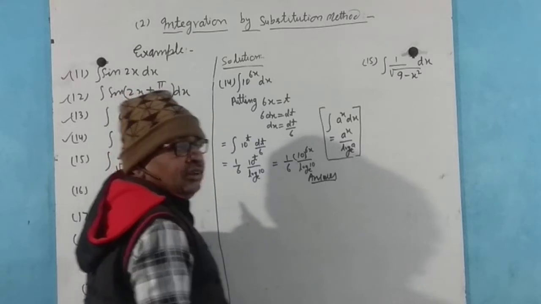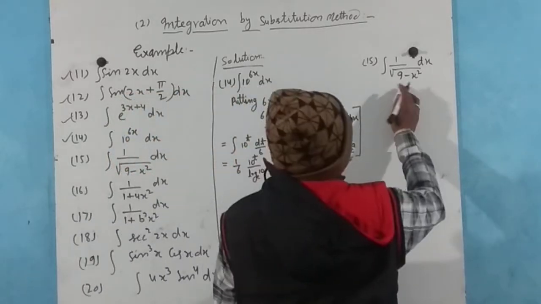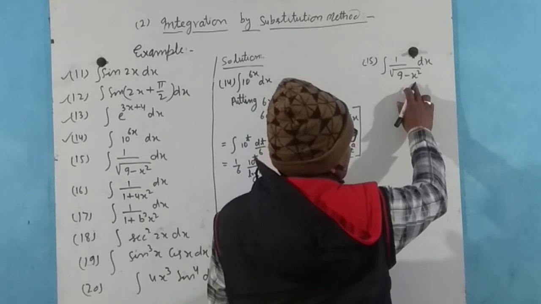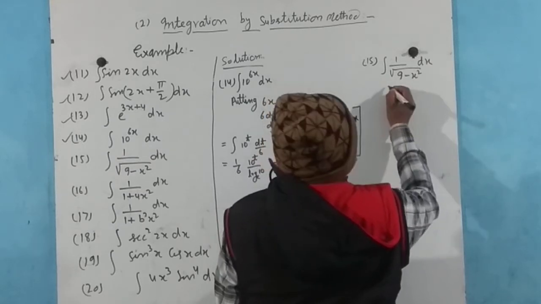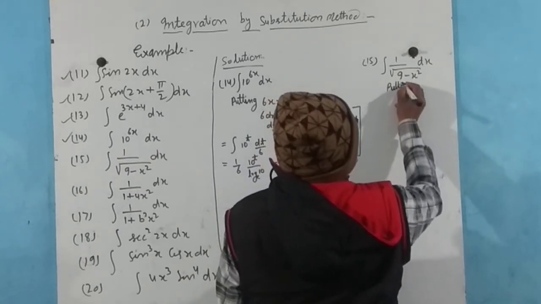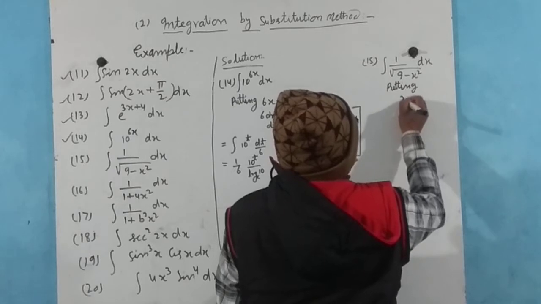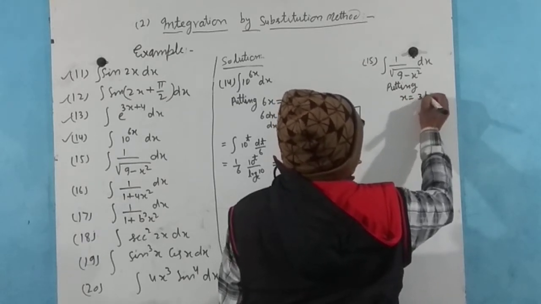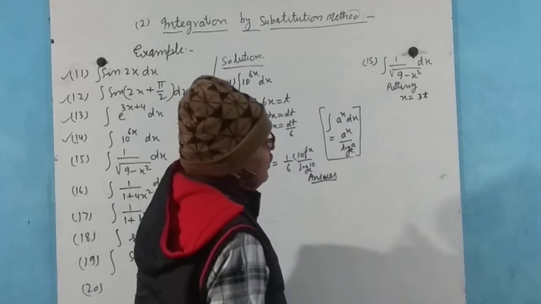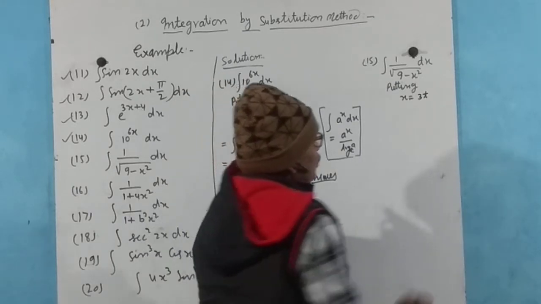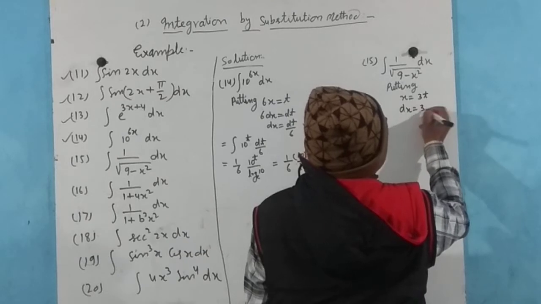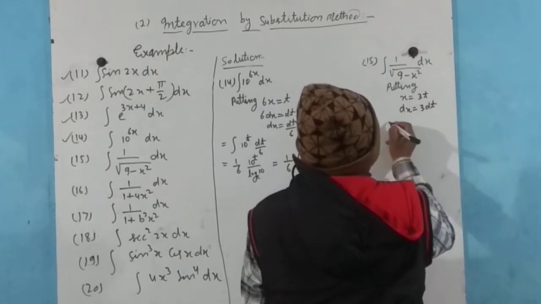In this case, also we put x equal to 3t, so that dx is equal to 3 dt.